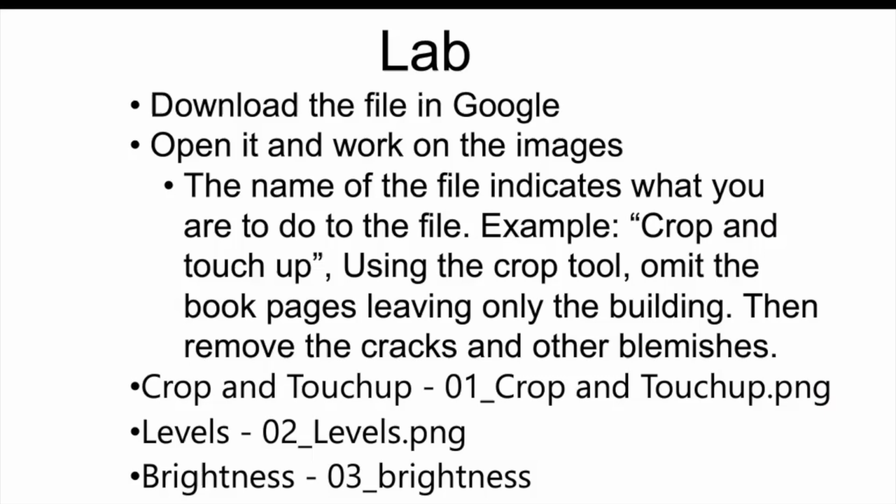So you would use the crop tool, and this first one, for instance, you would omit the book pages, because it was a file that was shot from a book that was already printed. So you're going to crop, and then you're going to touch up, and you're going to omit all the book page edges that you can see, the cracks and other blemishes.